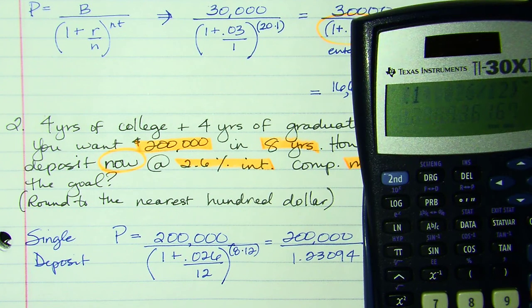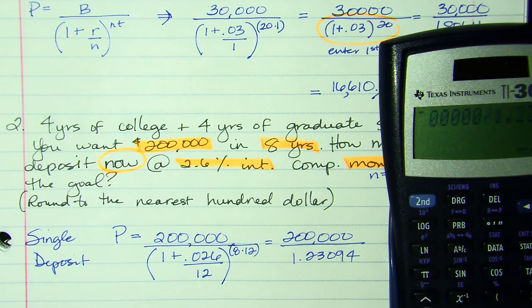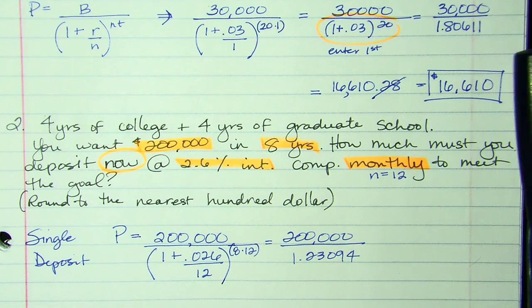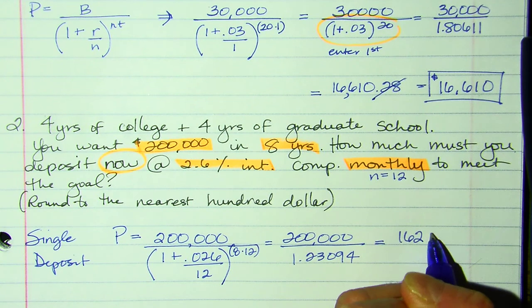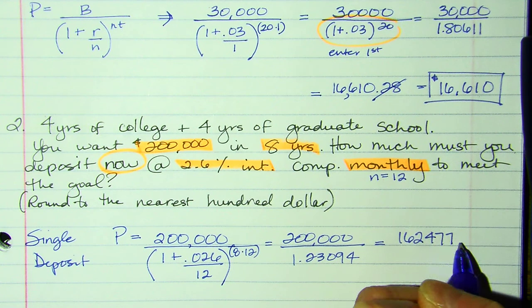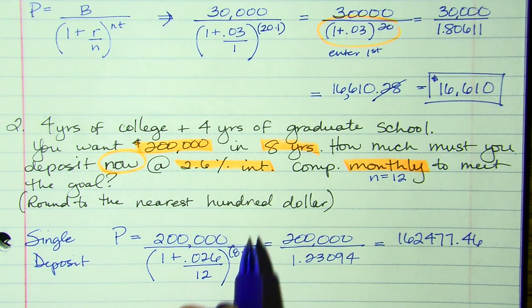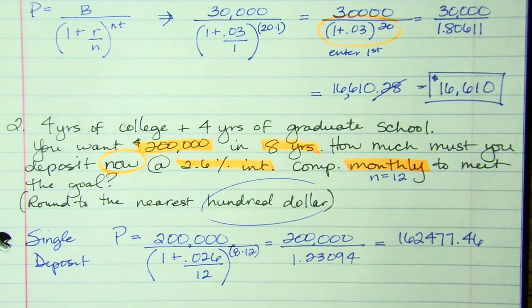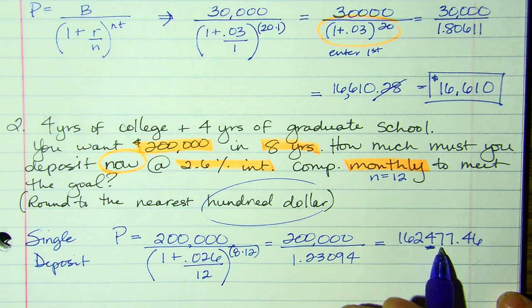So now 200,000 divided by 1.23094, and I get $162,477.46. Now they said to round to the nearest $100. Well, here's 162,400. So that's the hundreds place. Ones, tens, hundreds.